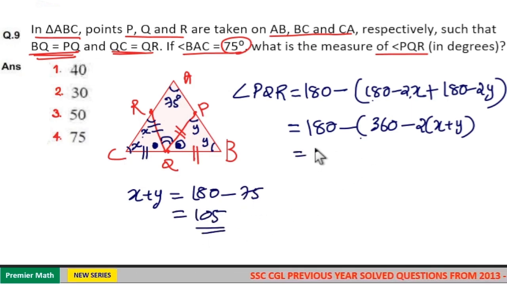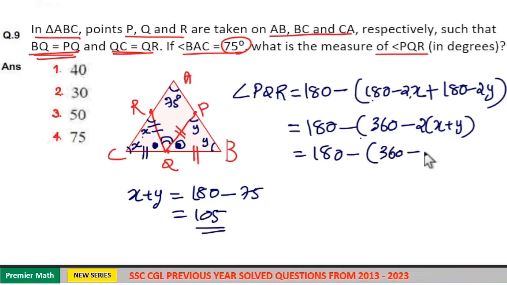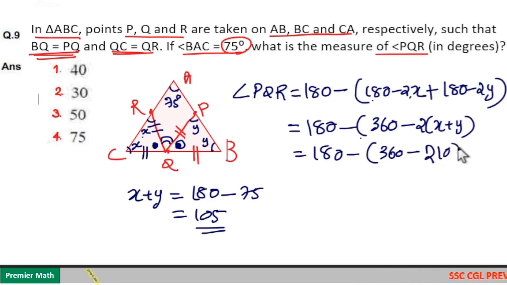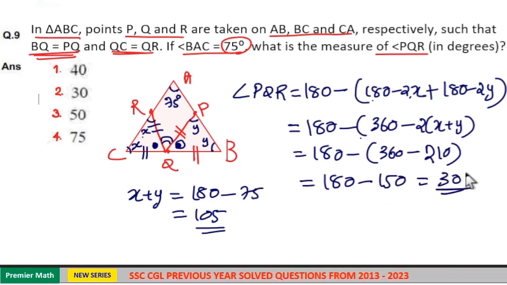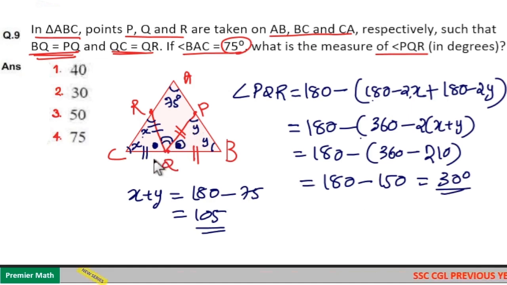So here this will become 180 minus 360 minus 2 into x plus y, means 2 into 105, that is 210 degree. So which is equal to 180 minus 360 minus 210 is equal to 150. So 180 minus 150 is 30 degree. So angle PQR is equal to 30 degree. Option 2 is your answer.